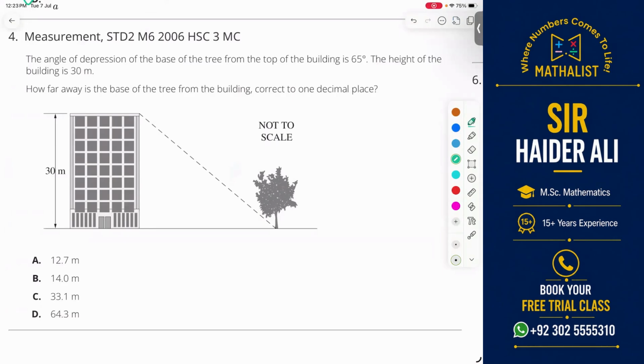Wait, could you just label it on your side because I didn't print the paper? You tell me, then I will label, okay? So the top of the building is 65 degrees. So just put an angle 65 at the top.